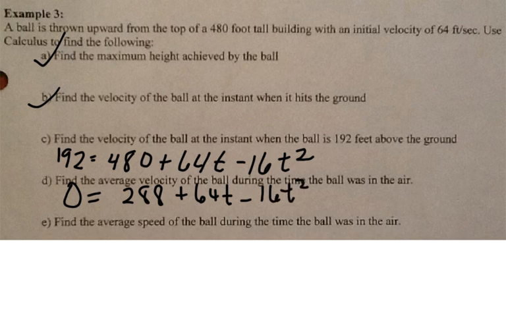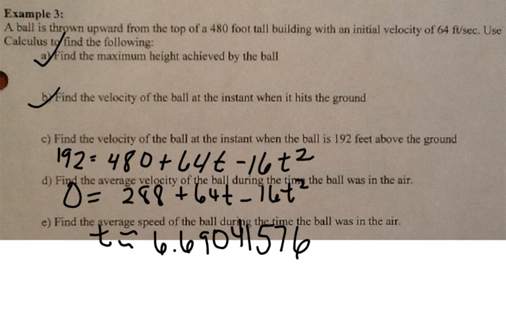Put this into the calculator, get the zeros there. The 0 for this one is time is approximately equal to 6.69041576.